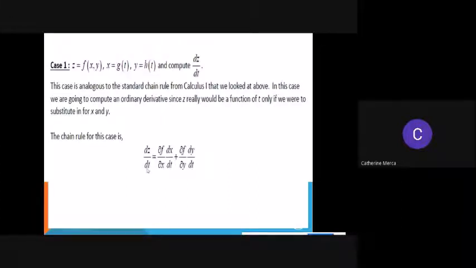Okay, so dz/dt. Kung tulunan siya ka variable x, y, z, then you will have plus partial of f with respect to z, then you will have dz over dt.